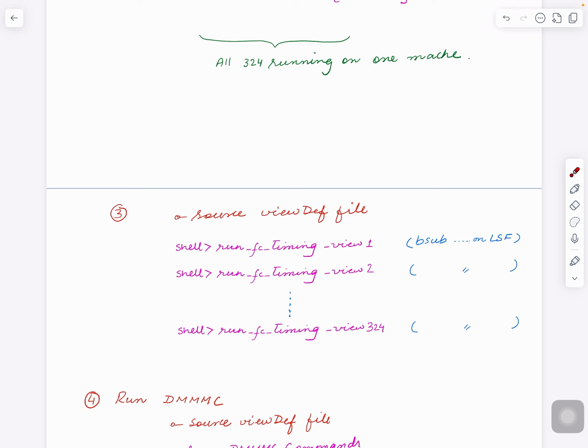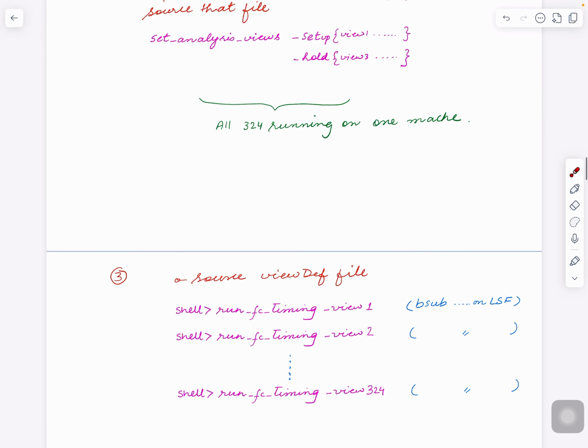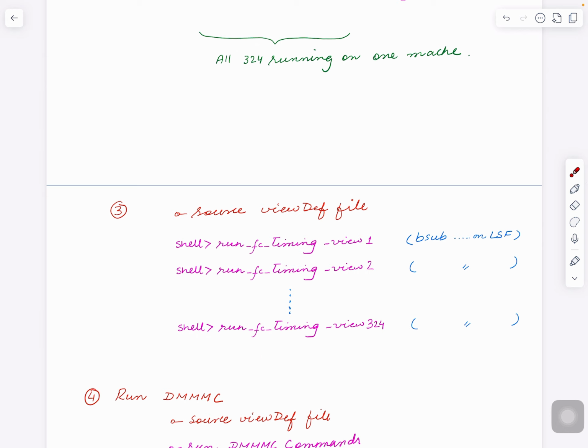Okay, so in that case, all the views are not running on one machine, but actually they are all running on a farm of machines. Again, this is still a single mode, single corner. The difference is that in this case you have a combined view definition setup, which you didn't have in the other case. So this is still an optimum way, but you have to take care of firing each of those jobs on each of those machines, and you need to monitor them.